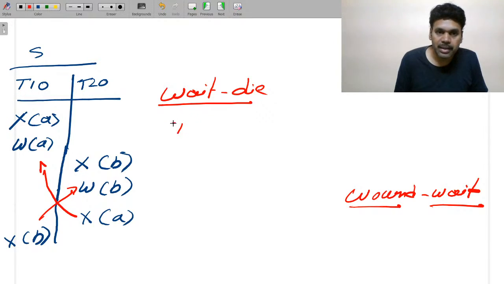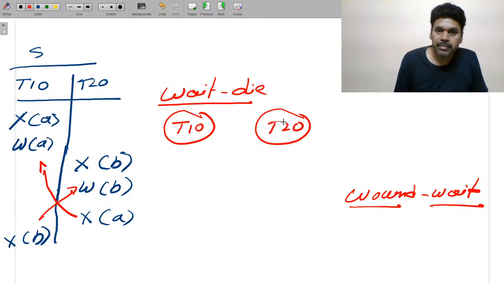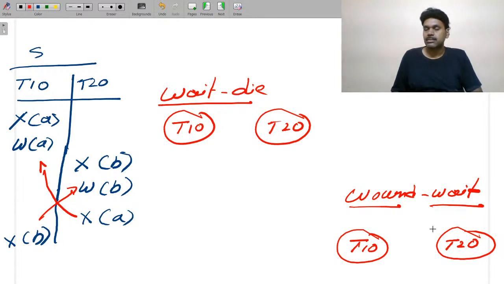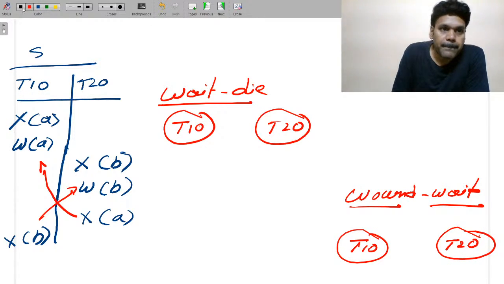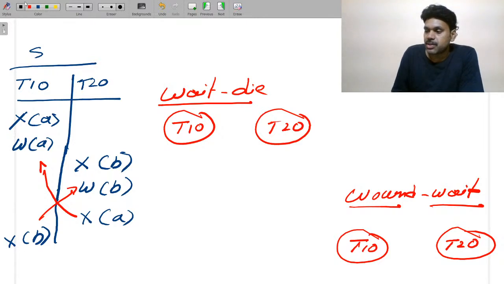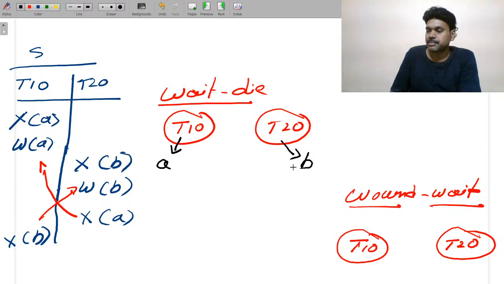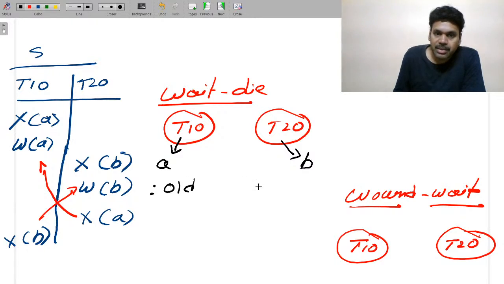Observe carefully. T10, T20, T10, T20. Observe, friends, all of you carefully. So T10 has A here, T20 has B here. This is the old transaction.